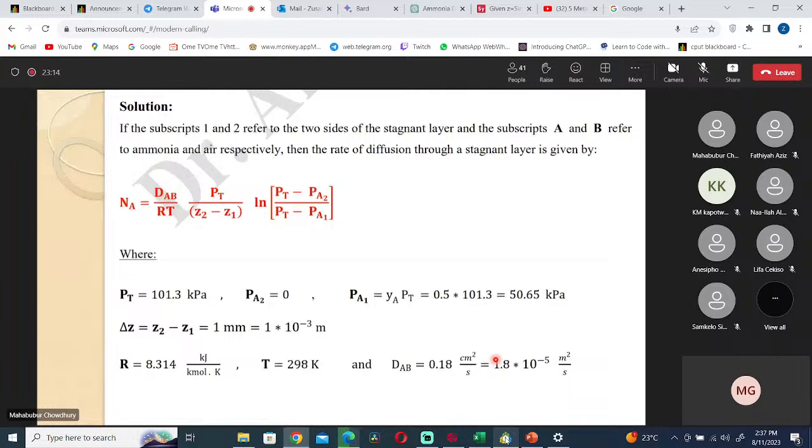Can somebody plug in the numbers for me quickly? Please. Are you doing it? Please plug in the numbers for me and let me know how much you get.